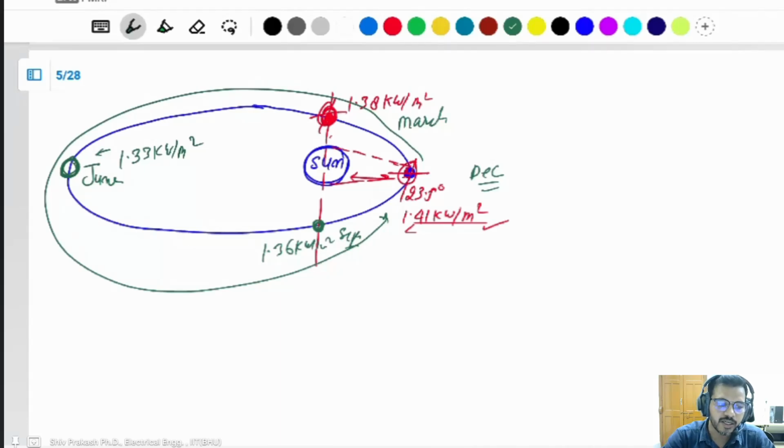The day of the year defines the declination angle. What is the angle? It is the angle at which insolation occurs on the solar panel or the earth. It varies from 0 to 23 degrees in the positive and negative directions.